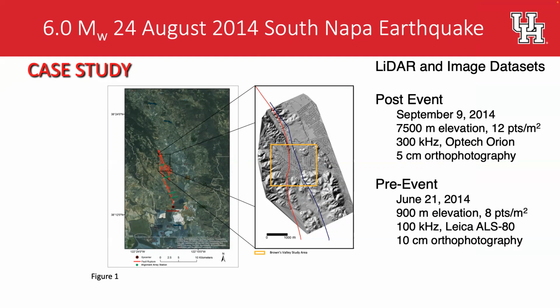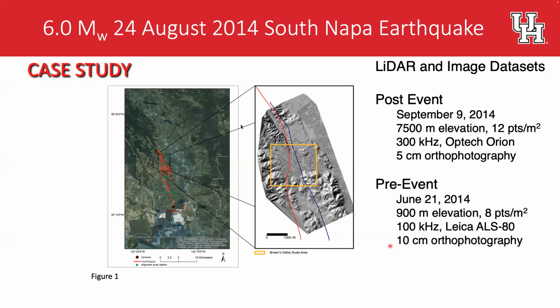With the South Napa earthquake, there was actually a wonderful first case study of this, because just by dumb luck, about 2 months before the earthquake, the city of Napa contracted to have a high-resolution LiDAR data set and 10-centimeter orthophotography collected for the entire county.